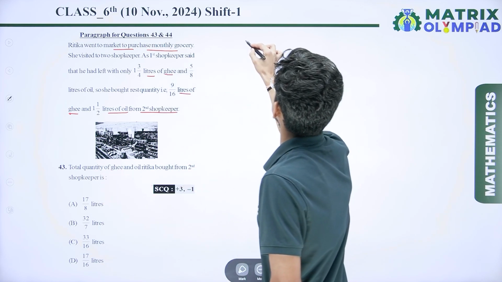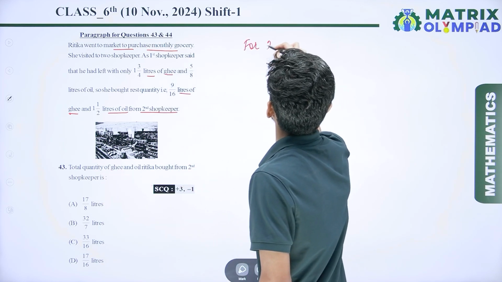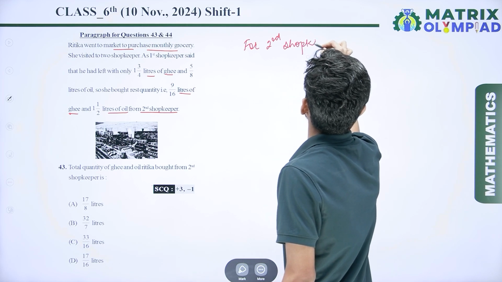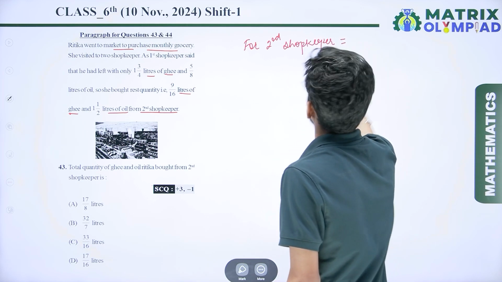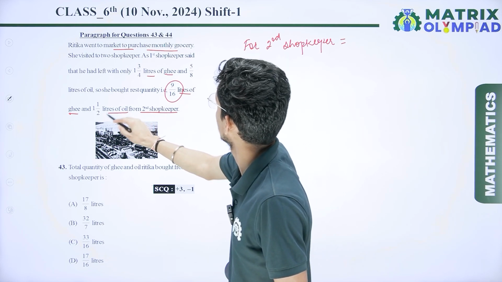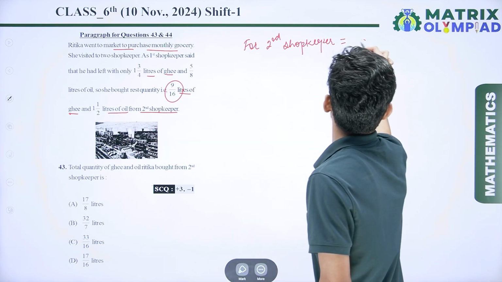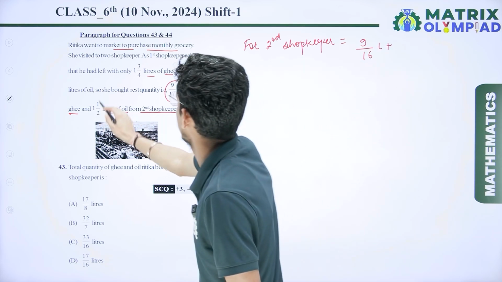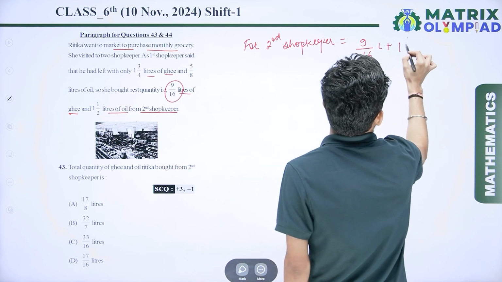So for the second shopkeeper, she bought 9/16 liter of ghee plus 1 and 1/2 liter of oil. So 1 and 1/2 liter of oil.